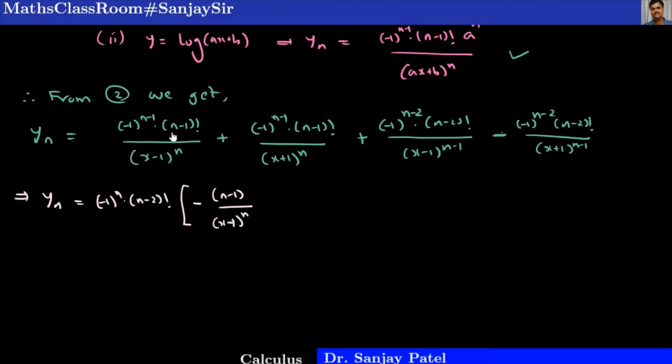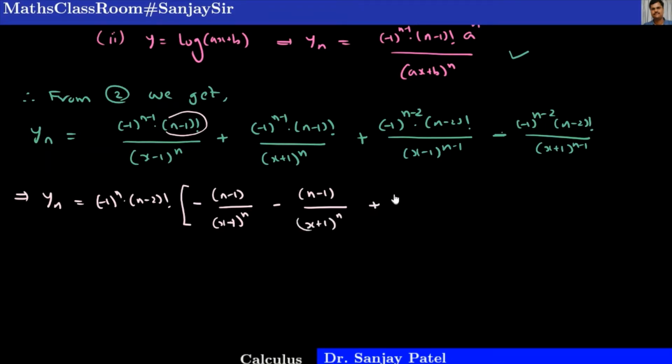Because if you take n minus 2 factorial common, since n minus 1 factorial is 1, 2, 3 up to n minus 1, and the previous term is n minus 2, what remains is n minus 1 here. And plus, again taking minus 1 raised to n common, again we have minus sign over here, and this again is n minus 1 upon x plus 1 raised to n.